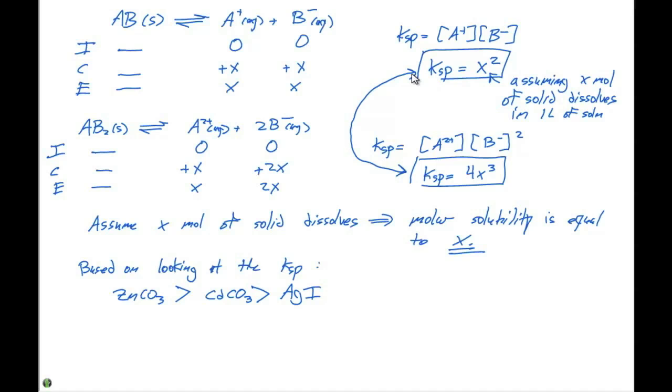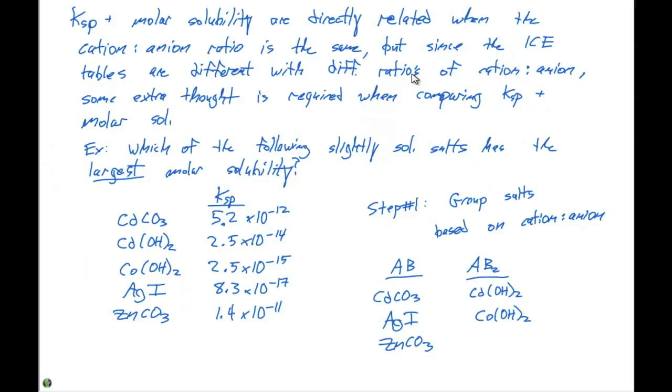And if we scroll back over here to the KSP values, we can directly compare the cadmium carbonate, we can directly compare the silver iodide, and we can directly compare the zinc carbonate just by looking at those KSP values.